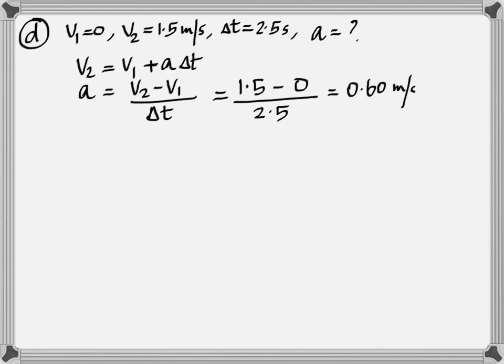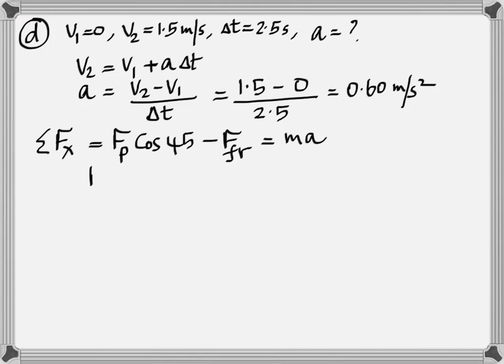Gives 0.6 meter per second squared, and therefore the net force along the x must be Fp cos 45 minus friction. This time is equal to m times a.